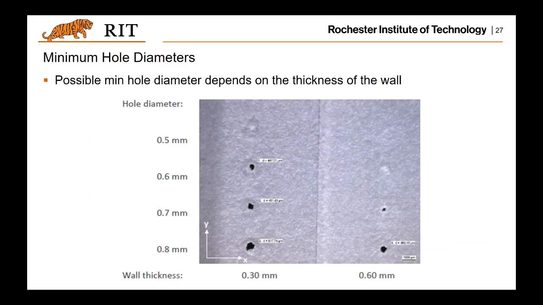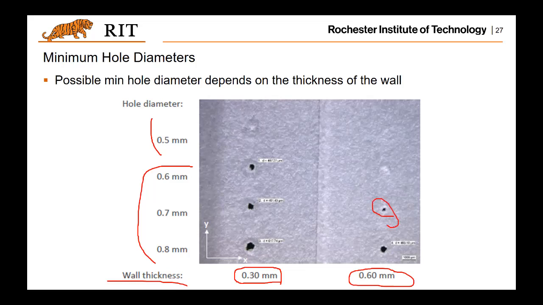And similarly, the hole diameters. So basically, again, look at the wall thicknesses. As you can see, if this machine allows a minimum wall thickness of 0.3 millimeter, pretty much you can successfully build holes up to 0.6 millimeter. But smaller than that, it's really difficult to have it built successfully. So for a larger minimum wall thickness, even for 0.6, it's hard to build successfully.